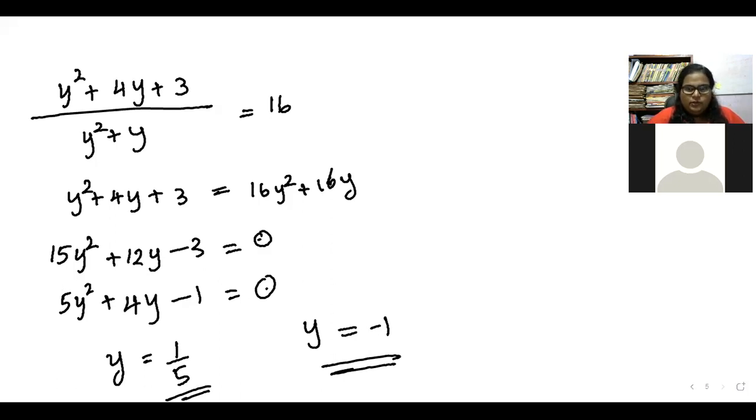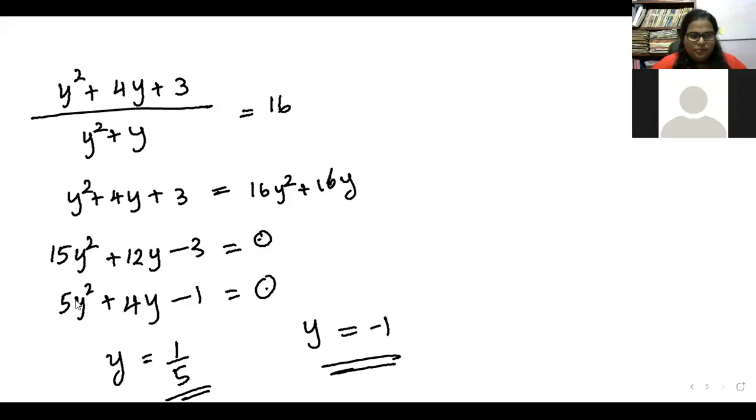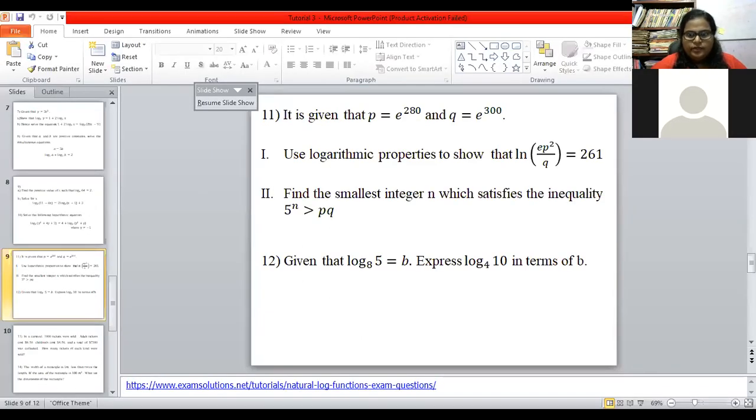Right, this one is also over, and we'll see the next question here. In the question, this is question 11. It is given that P equals e to the power 280 and Q equals 300.